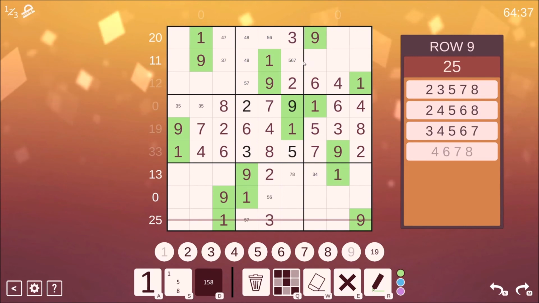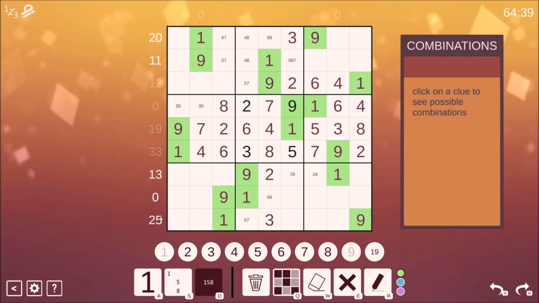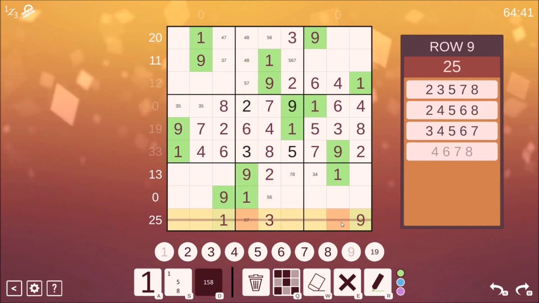And how about down here? So we didn't know a 5 across from each other. We already have a 3 in there. That means we also need a 7 for sure. So a 5 would have to go in one of those.